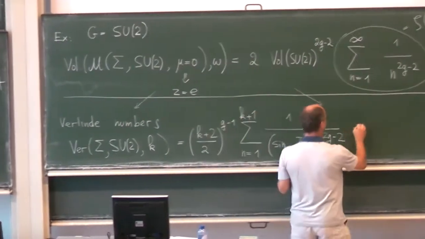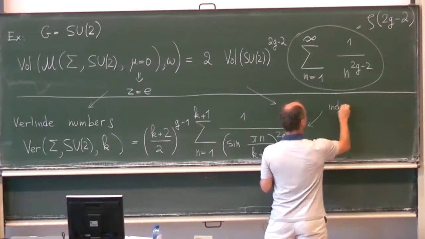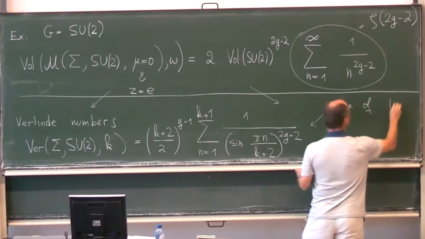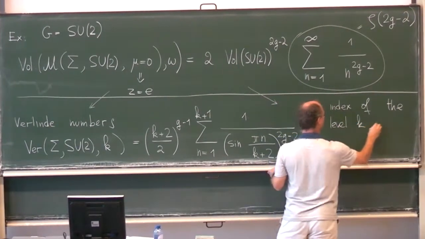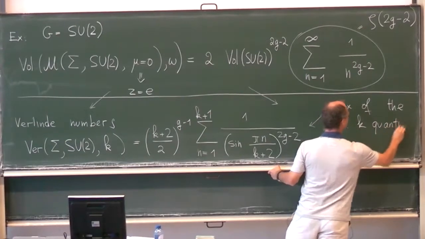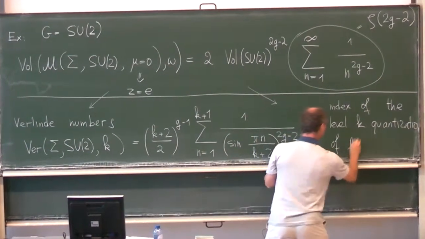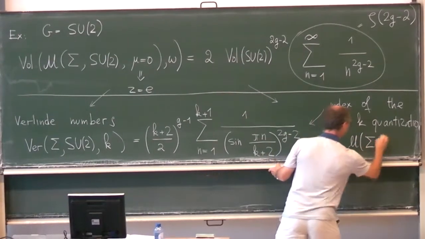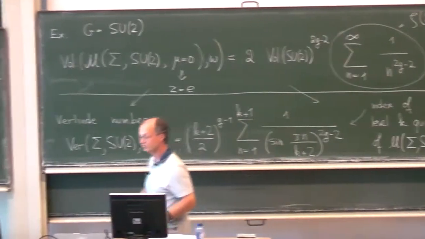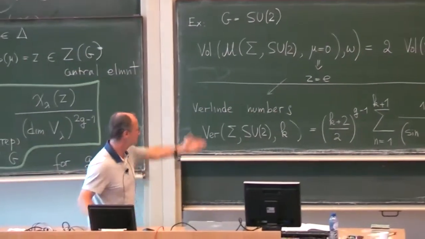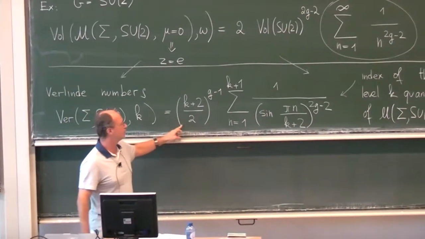So that's the index of the level k quantization of the moduli space M sigma SU2, and famously those numbers, unless I made a mistake in the coefficient somewhere, are all integers.